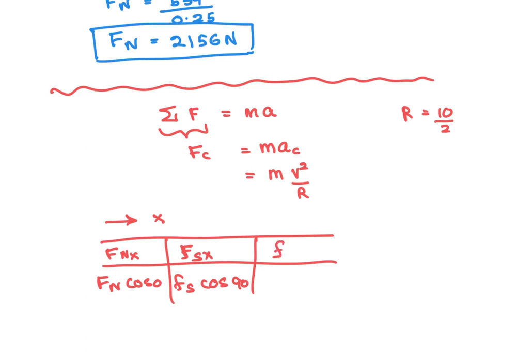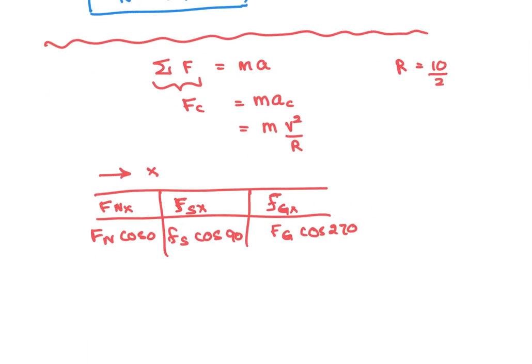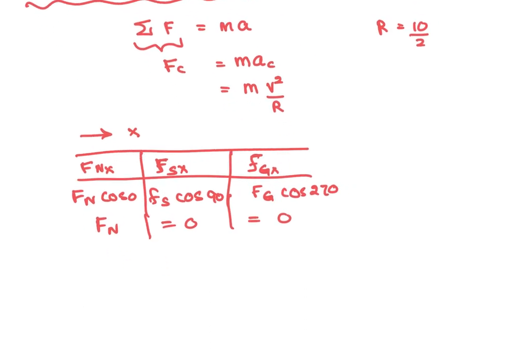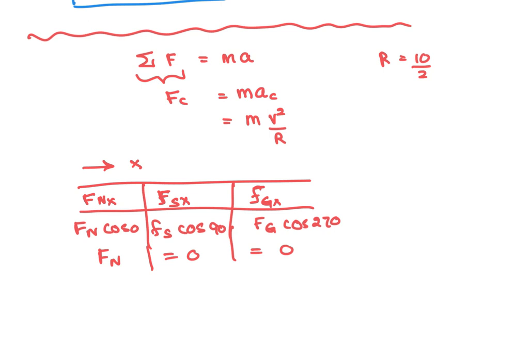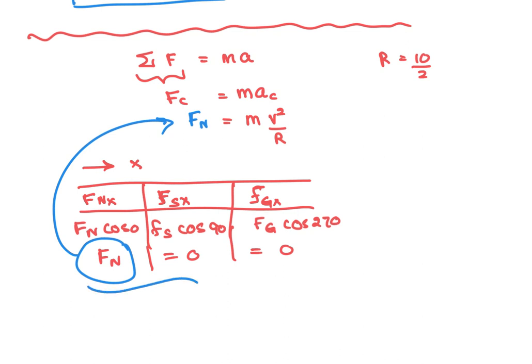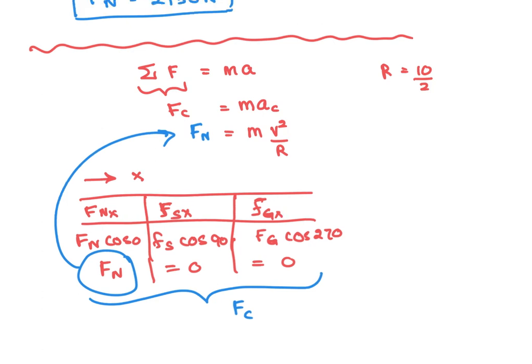Then we have Fg along the x direction, which is cosine 270, and that is 0, so this term becomes 0. Cosine 90 also is 0, therefore that term also goes to 0, and the only term that remains is Fn. So after we find this Fn, we can substitute it. The net force toward the center is what you call the centripetal force.